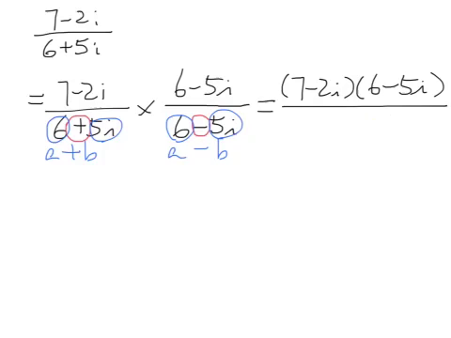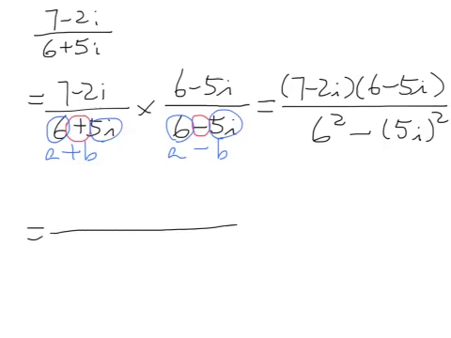So in this case, we will write 6 squared minus 5i, all squared. Alright? So let's continue on the top part.